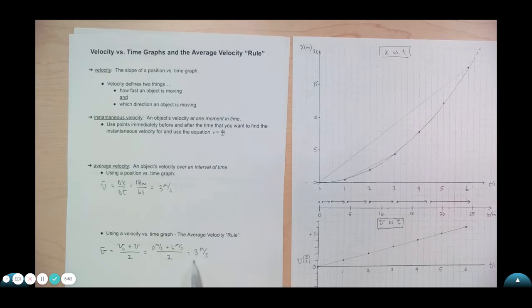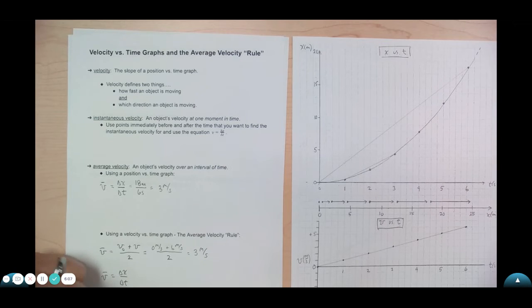I would simply find my average velocity and use the fact that this is still legitimate up here. That average velocity is equal to the displacement over the time. Therefore, the displacement would be equal to the average velocity times the time.